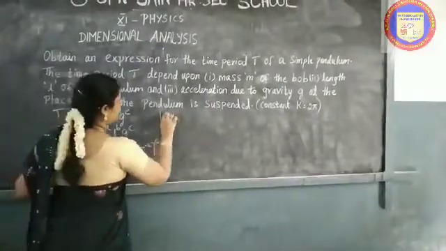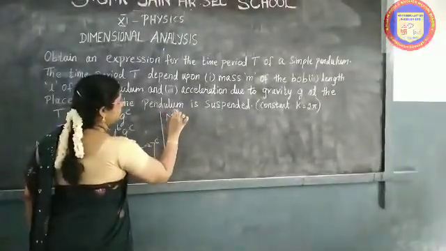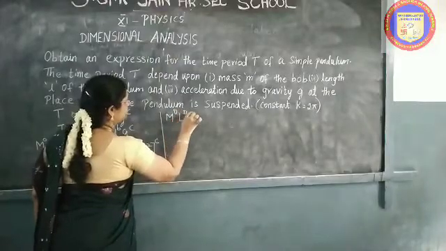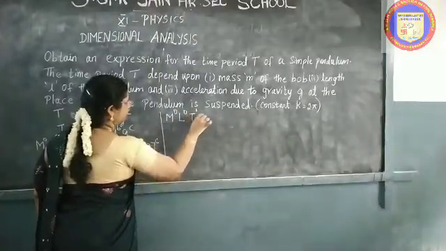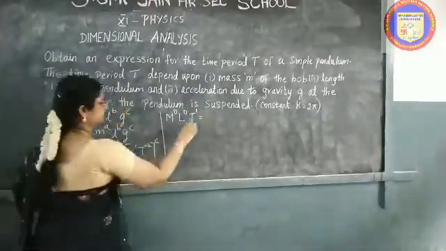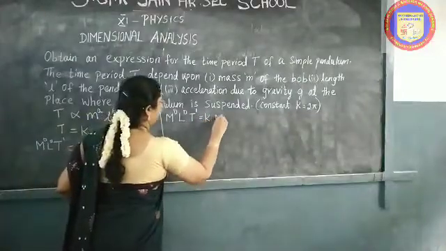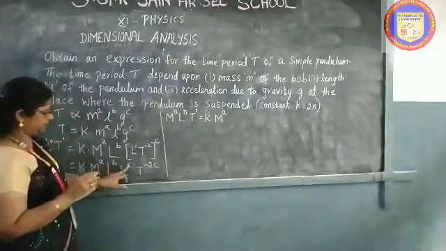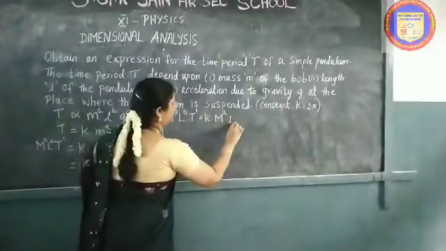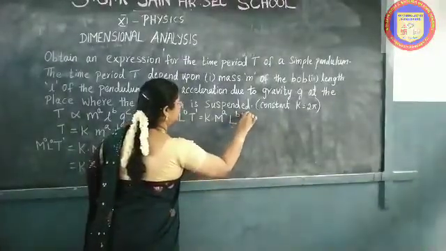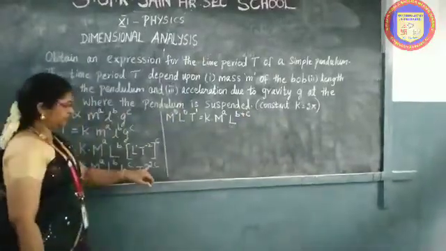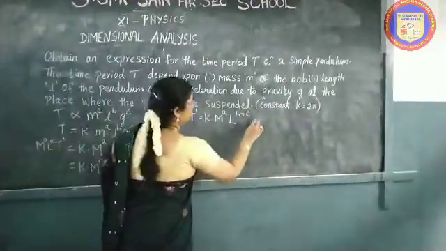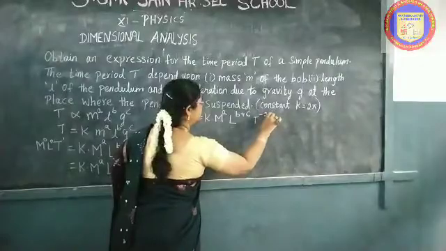I will write this equation here so that we can compare. On the left hand side I have M power 0, L power 0, T power 1, which is equal to k M power a, then L power b plus c, T power minus 2c.